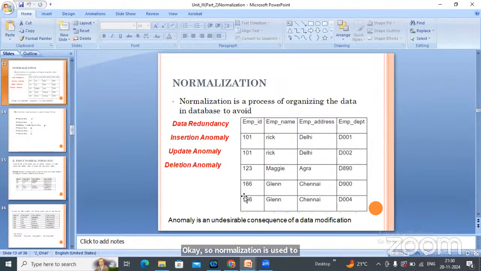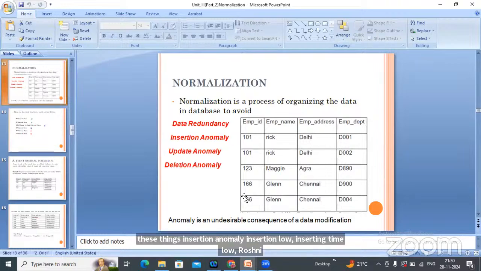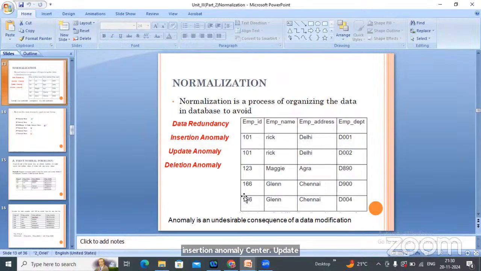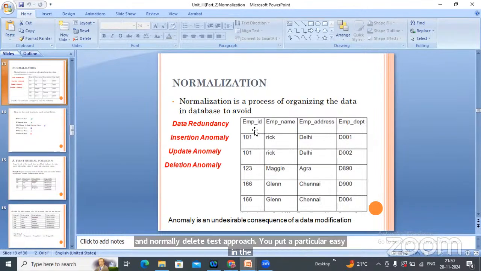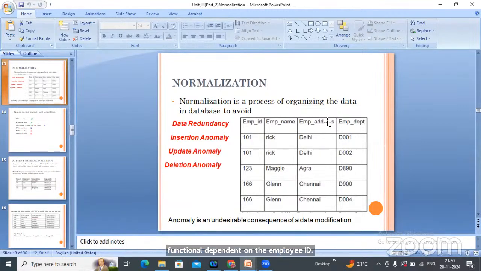Insertion anomaly, inserting time లో వచ్చే errors ని insertion anomalies అంటాం. అప్డేట్ టేబుల్ ఎప్పుడైతే చేస్తానో, అప్డేట్ చేసేటప్పుడు వచ్చే ఎర్రర్స్, ఇష్యూస్ ని అప్డేట్ అనామలీస్ అంటాం. డిలీషన్ అనామలీస్ ఏంటి? డిలీట్ చేసేటప్పుడు వచ్చే, ఇప్పుడు ఫంక్షనల్ డిపెండెంట్ అంటే ఎంప్లాయీ ఐడి సాలరీ మీద డిపెండెంట్ అయి ఉంటుంది కదా. సో rating and salary తీసుకోండి. So who is having the rating of 7, that employee will be having the salary 50,000, means what will happen?